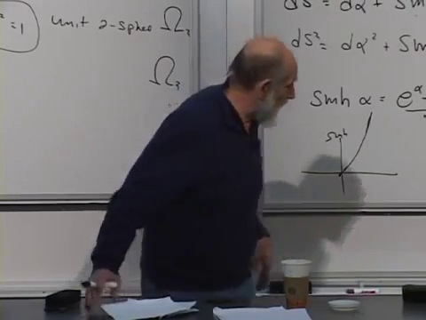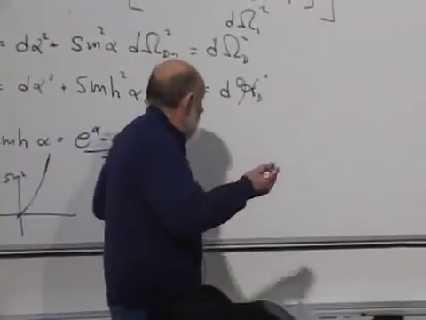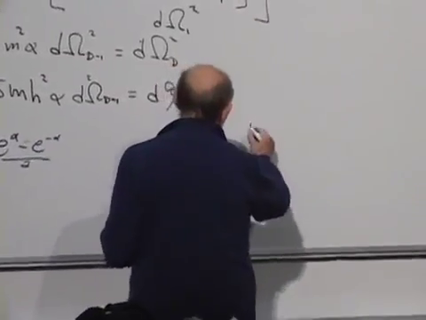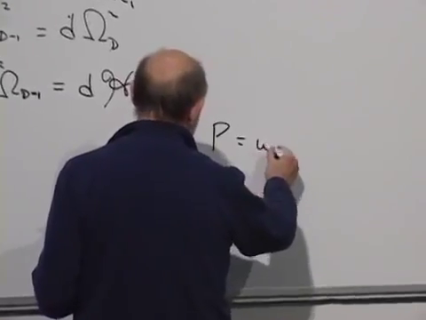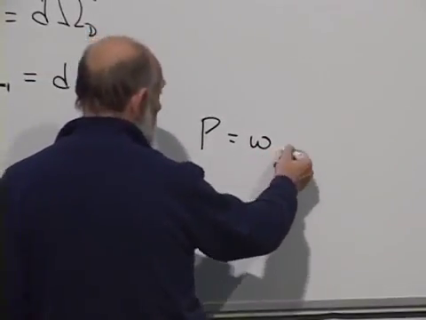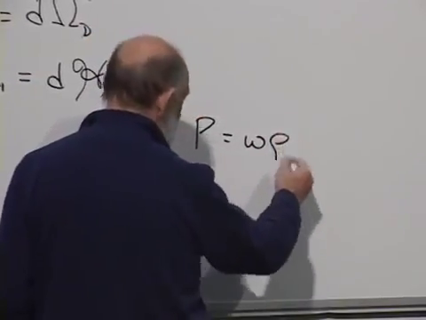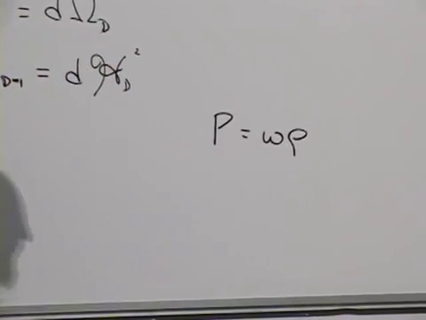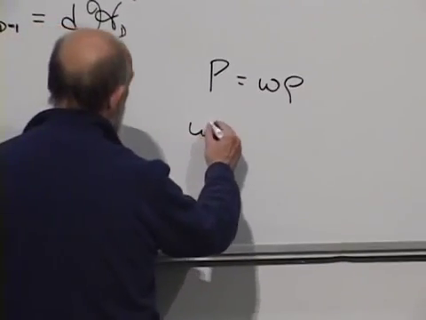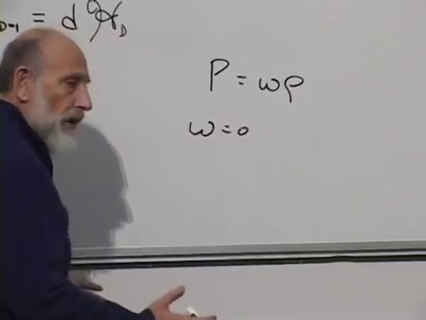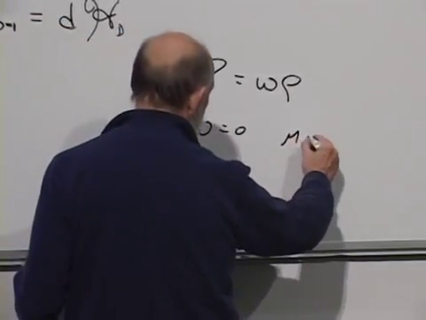And remember, we had an equation, just mostly definition, that pressure is equal to W, definition of W, times, what do we call energy density? Rho, I guess. And the three cases of interest were W equals 0, 0 pressure, that's called matter-dominated.